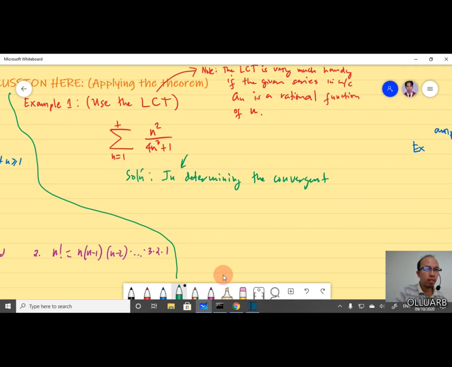Note, this is a note again. In determining the convergence or divergence of the series, please remember that only the tails matter.